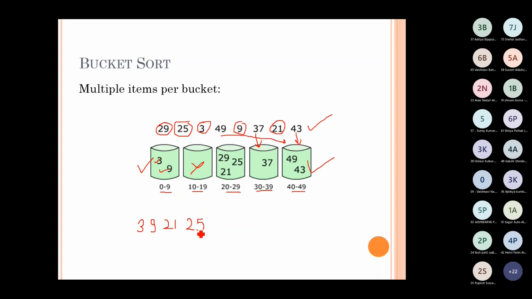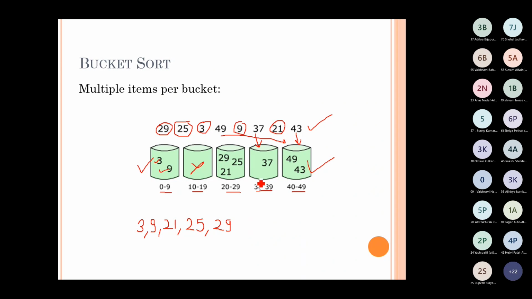Here it is already sorted internally, and now we are concatenating. To make it easier to understand, I will put the commas. Okay, so 21, 25 and 29 is there. Third bucket is concatenated.